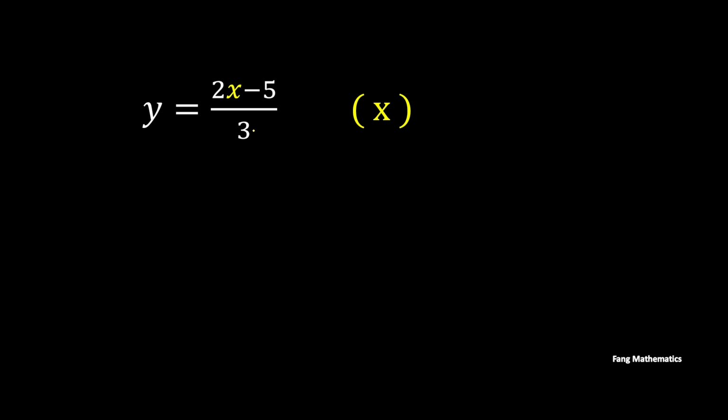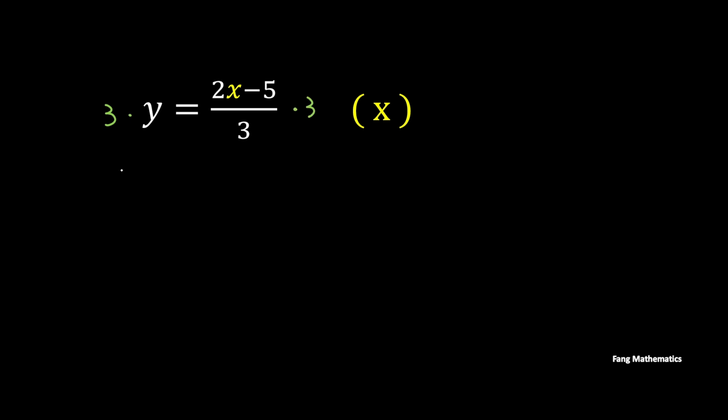I believe this 3 is the furthest away operation from x, and we are going to multiply both sides by 3 to get rid of the denominator 3. So times by 3 on both sides of the equation.